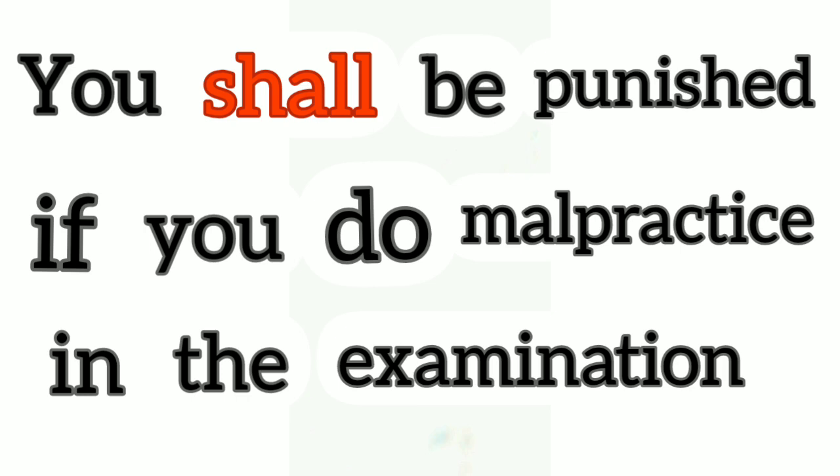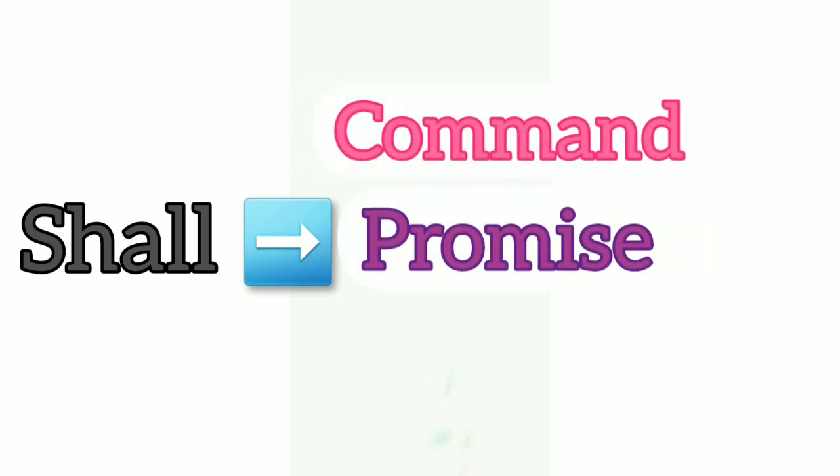So you are giving a threat to the student. So here in all these cases we do not use will. Instead of using will here, we prefer shall because we want to convey different meanings like command, promise and threat.